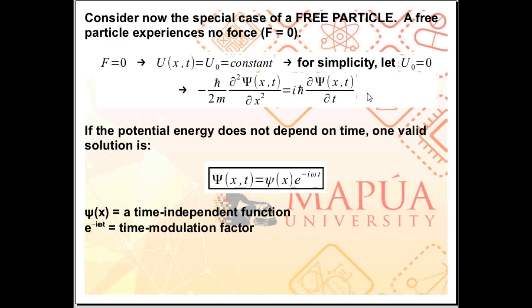That means on the left side, after double differentiating psi with respect to x, since psi is comprised of small psi and the time modulation, and it's only small psi that is dependent on x, double differentiating psi will mean double differentiating small psi.